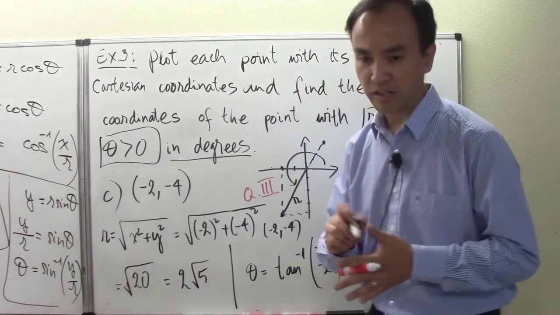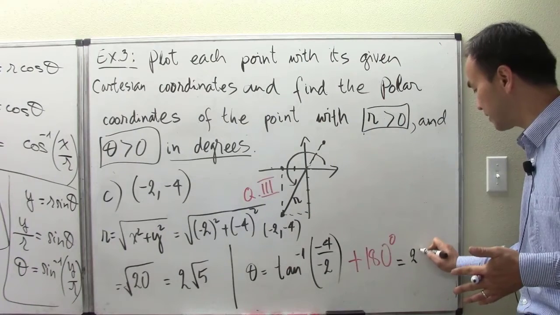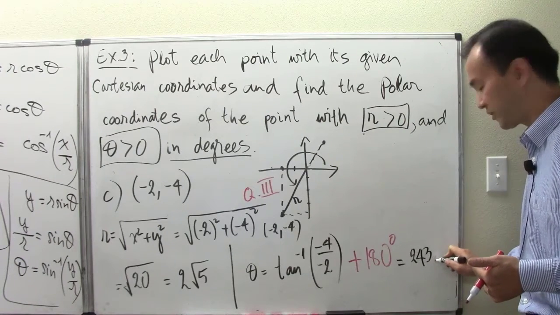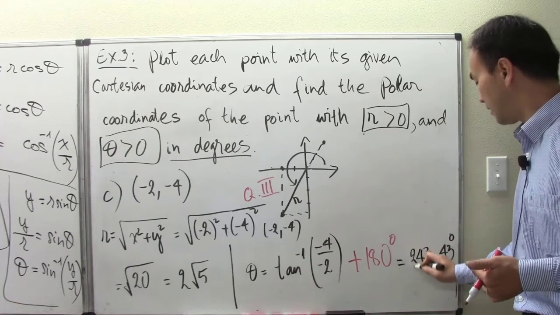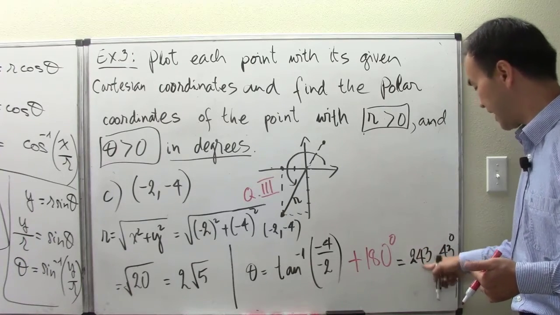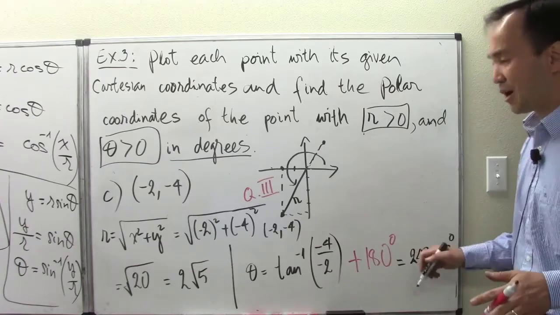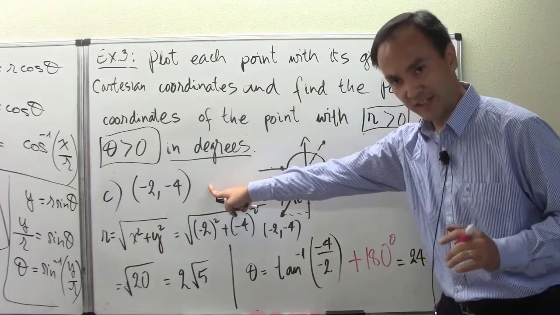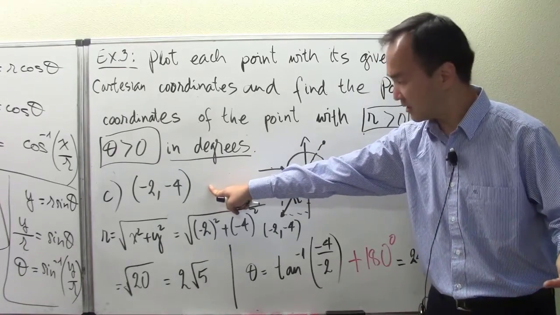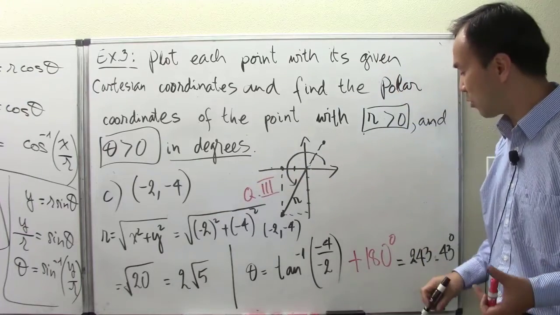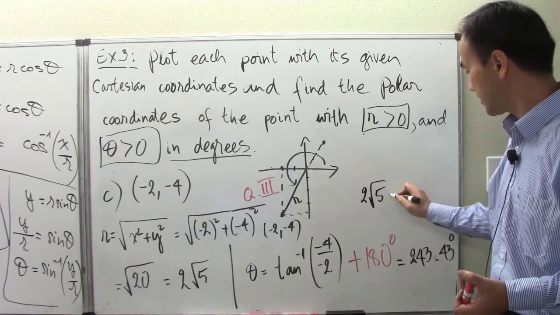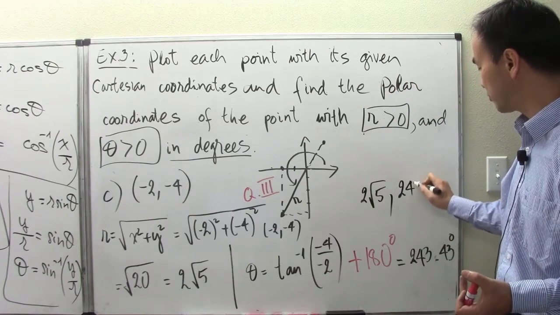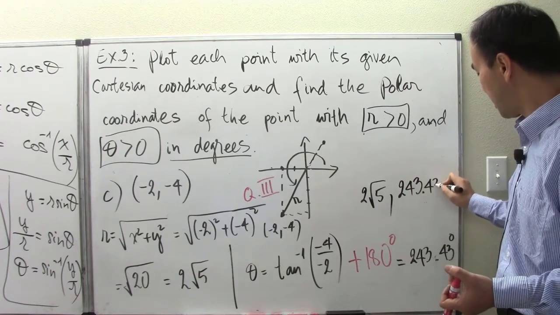We are now looking at 243.43 degrees. That is your angle theta. So your point that was initially represented in rectangular coordinates is now ready in polar coordinates. We're looking at 2 square root of 5 as the radius, and the angle is 243.43 degrees as a positive angle.